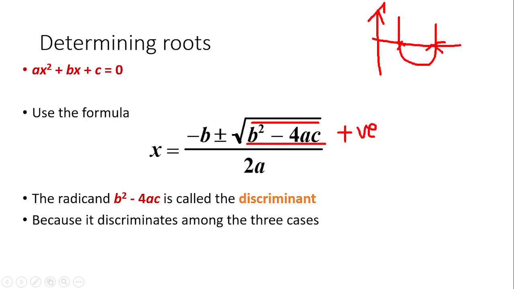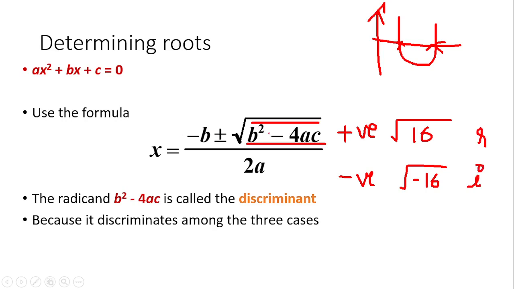For example, if it is the square root of 16, then you get two distinct values. Suppose b squared minus 4ac is negative, for example the root of minus 16, which is not defined, you get imaginary. So this is real, this is imaginary.